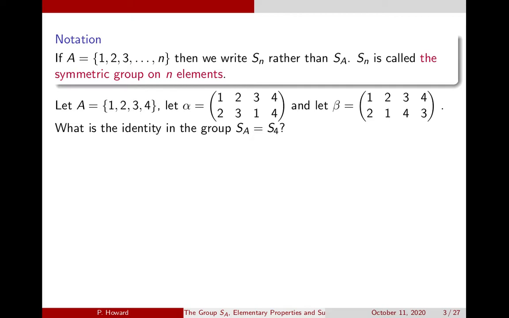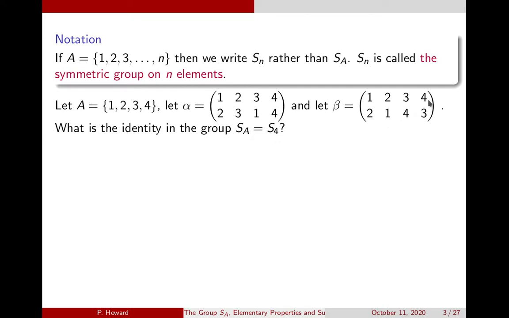Let's take an example then. We'll let A be the set of positive integers 1 through 4, and alpha will be this permutation defined by this 2 by 4 matrix, an element of S sub A, or using the new notation, an element of S sub 4.